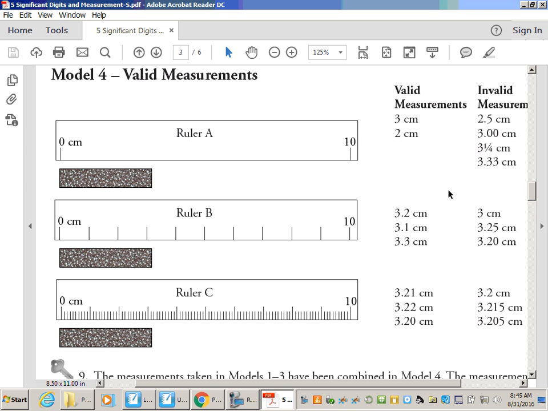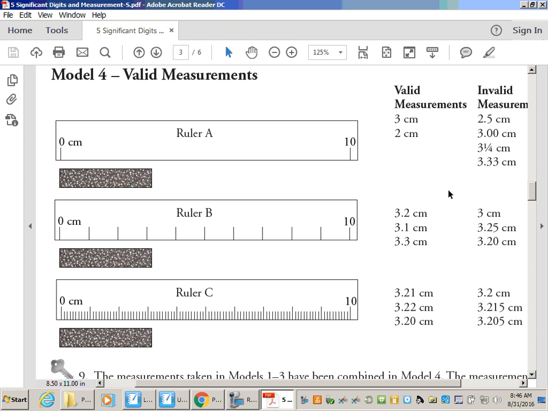Okay, last one we're going to do. This is the valid and invalid one. Looking at ruler A, valid measurements, how many sig figs are in these numbers here?